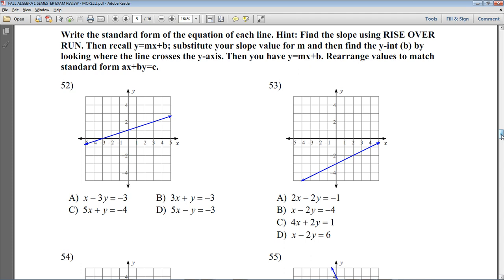So I'll let you look at number 52 for a minute and try to identify the slope and the y-intercept visually while I draw it out. Number 52. I want to make this look like the way it looks on your screen.